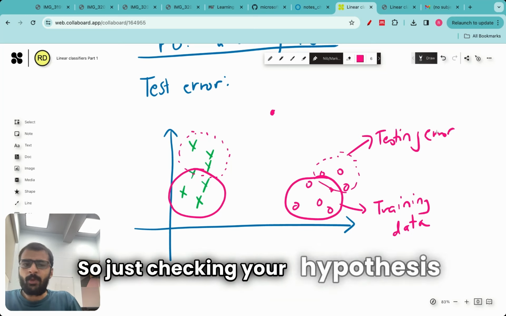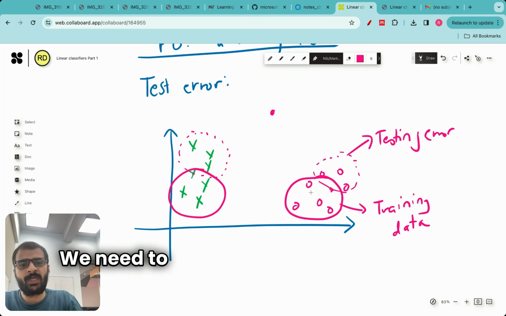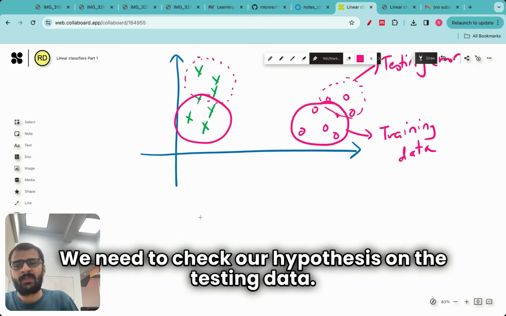Just checking your hypothesis on the training data is not enough. We need to check our hypothesis on the testing data.